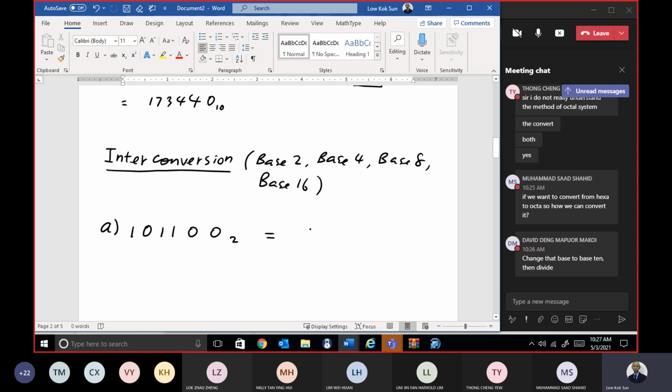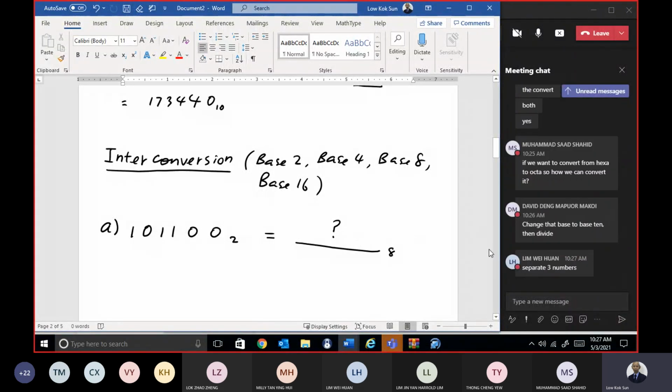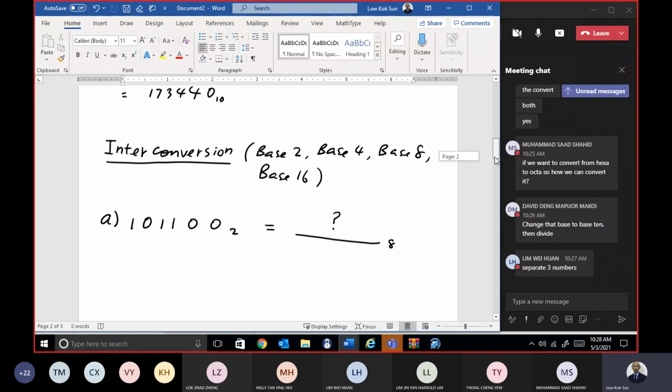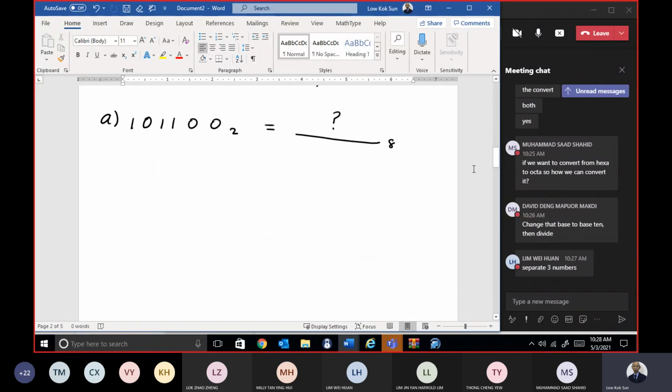How to do this? You can do a long method. Yes, Wei Huan got the idea. I think he must have done it in secondary school. Never mind, we don't assume anyone has done it already.